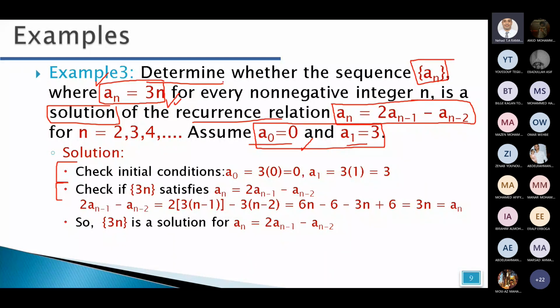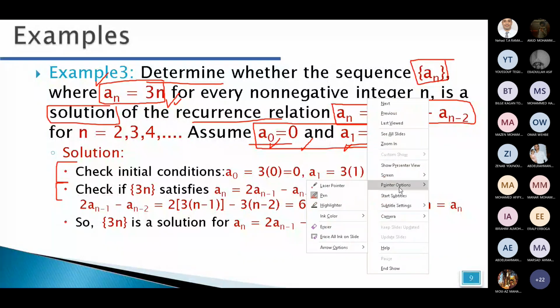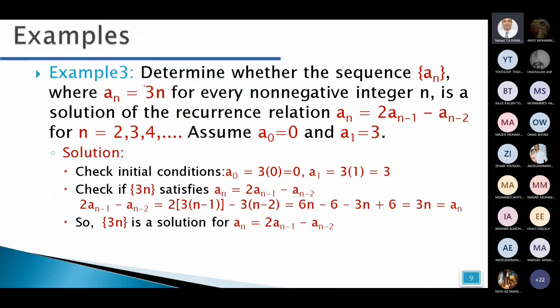So start usually from the initial condition. Okay, so for the initial condition, we have a_0 and a_1. So we will apply the solution for the initial condition.